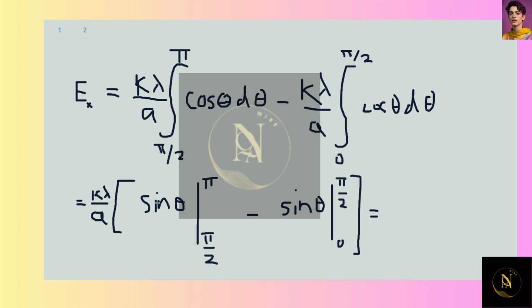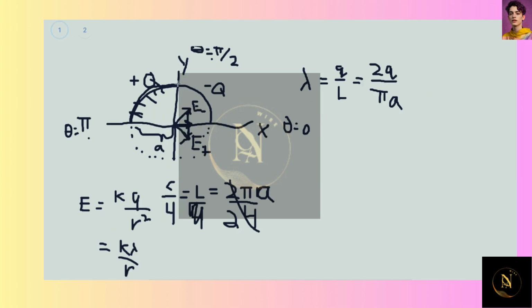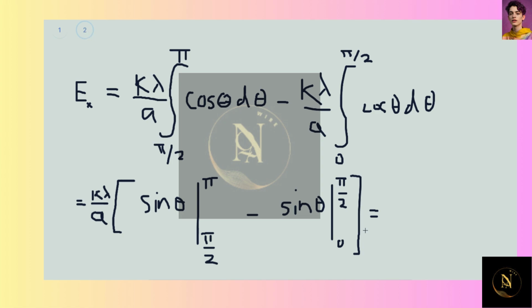And then sine of pi over 2 will be 1, right? Because that's the top of the circle here, as we can see. It's going to be a 1. So what does this mean for the first part? The first one is going to be 0 minus 1. So we'll have a minus k lambda over a for the first part.